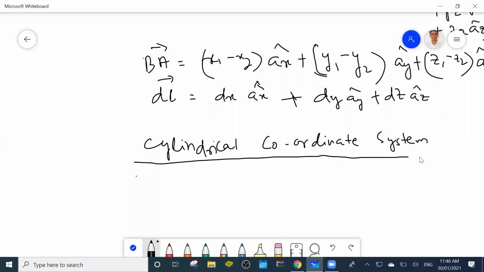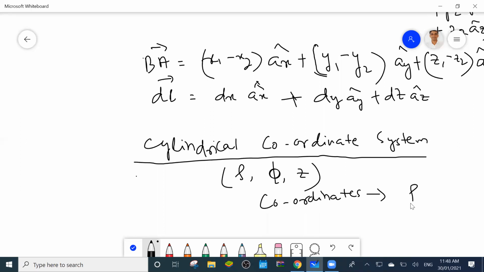The coordinates in your Sadiku book are written as rho, phi, z. But you can also write r, phi, z in other books. So here the coordinates are rho or r, phi and z.